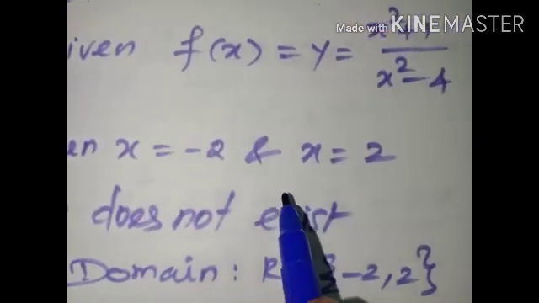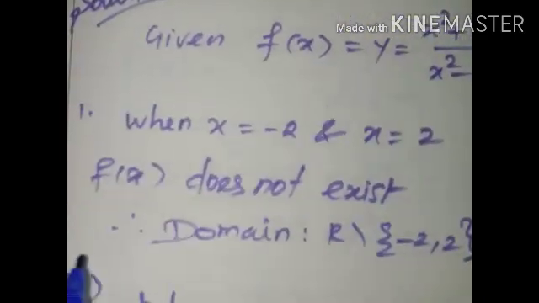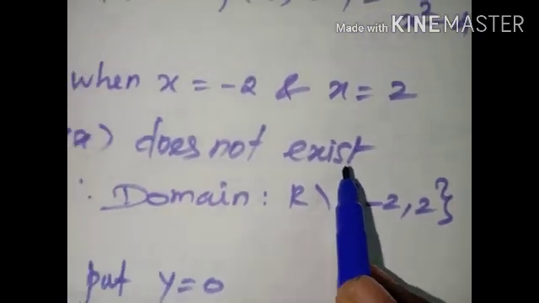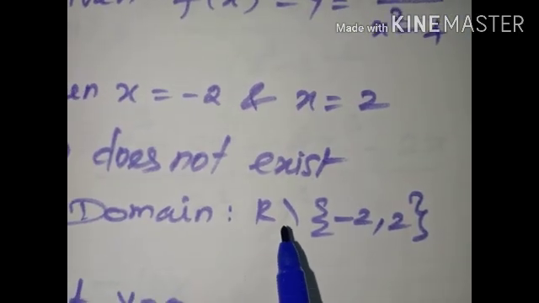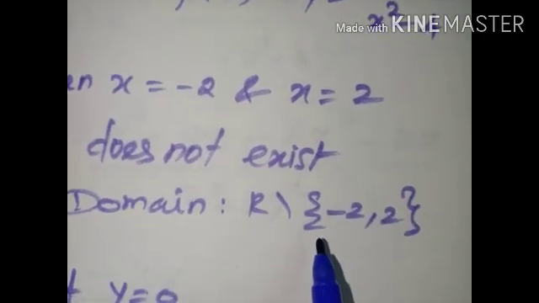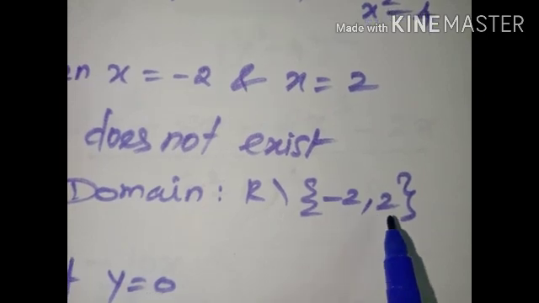In this curve, from minus infinity to plus infinity, the values plus or minus 2 do not exist. When x equals minus 2 and x equals 2, f of x does not exist. Therefore the domain is the set of real numbers other than minus 2 and 2.